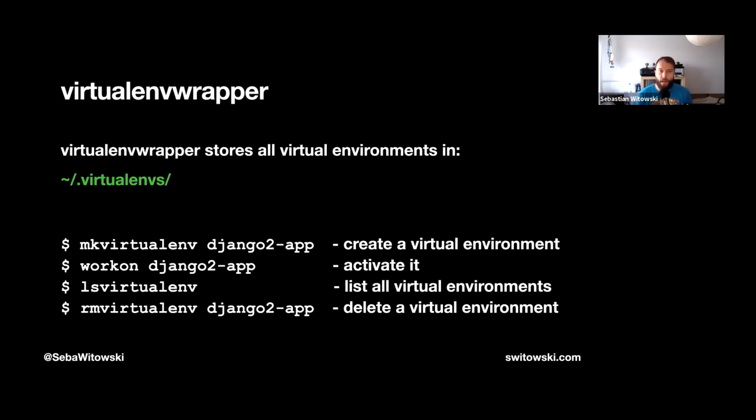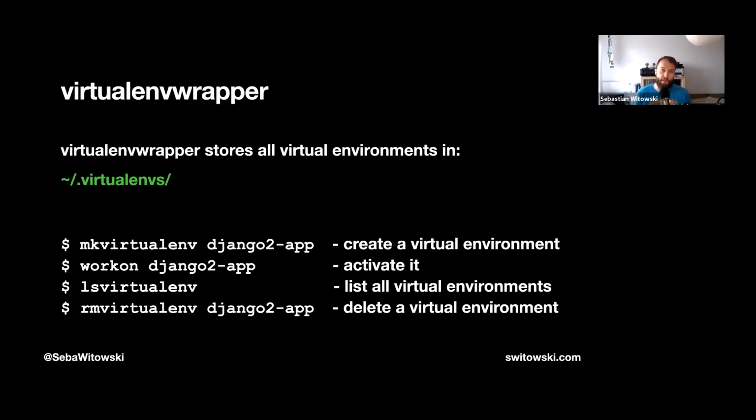Now, if you want to activate the virtual environment, all you have to do is call workon django2app. You don't have to type this whole path to the activation script. Virtualenvwrapper will figure out what virtual environment you want to activate based on the name you use. And if you forgot the name of the virtual environment, you can list all your virtual environments by running lsvirtualenv.